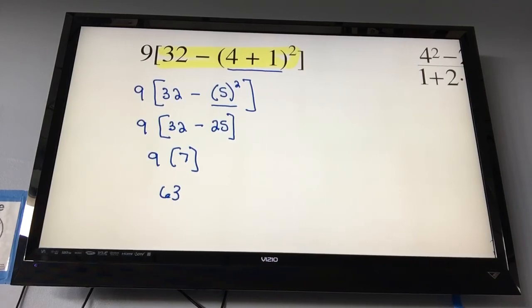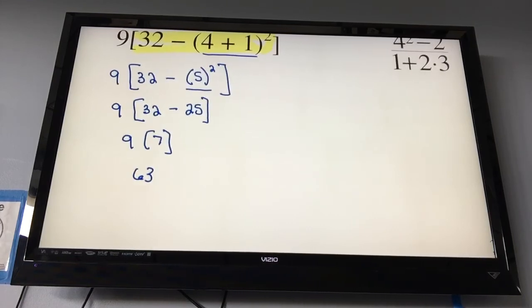I press 5 first, and then the button, catty-corner, up to the left of the 7. You press that, and it puts a power of 2 up. Enter. When we're working on this in just a bit, if you have a question on how to do that, I'll show you.